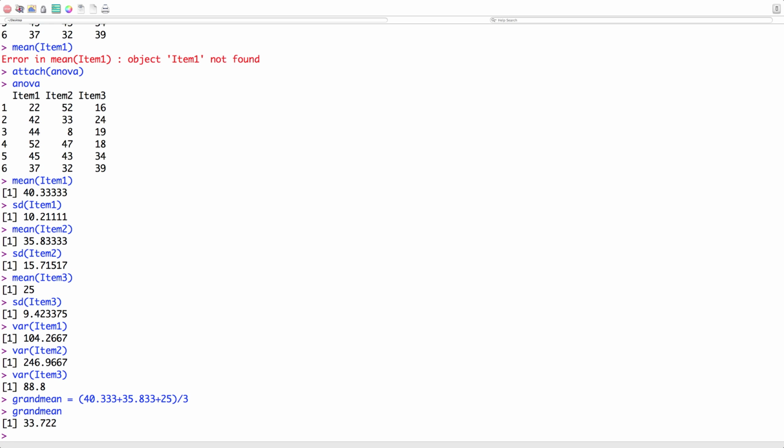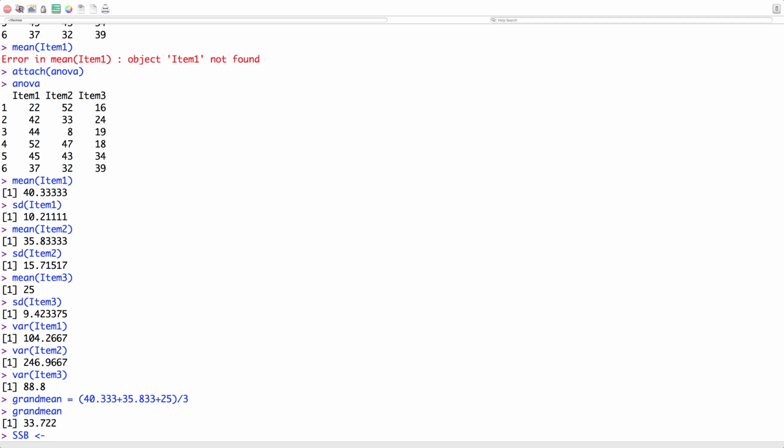All right, going to do some calculations here. First thing I want to do is calculate the sum of squares between. So I'm going to call that sum of squares between. Let's think what it is.